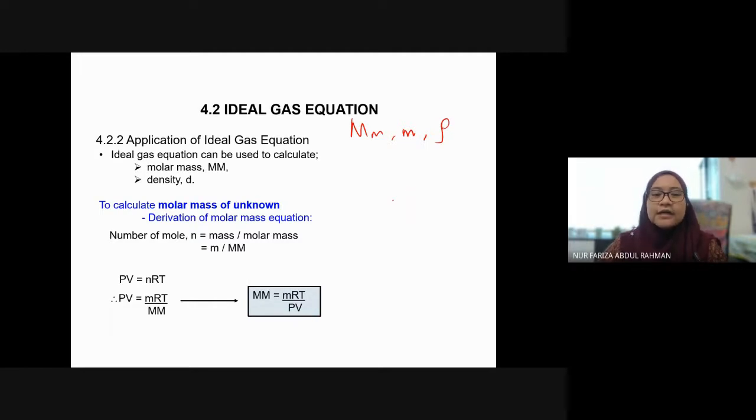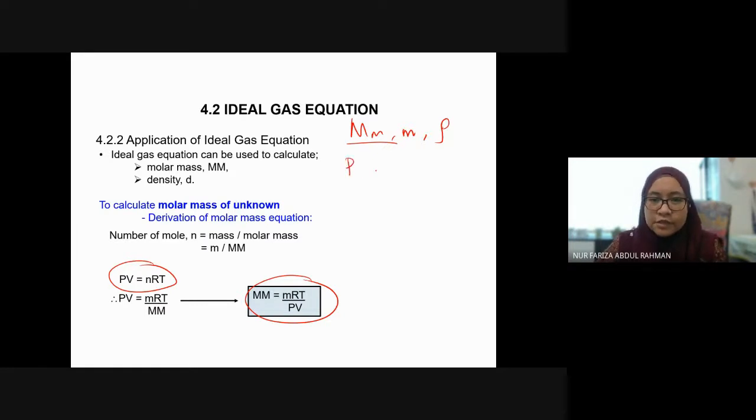So we can derive PV = nRT and expand it in order to calculate molar mass, mass, or even density. You don't have to memorize this formula. This is for molar mass. Later on, we have density. You can derive it there and then.